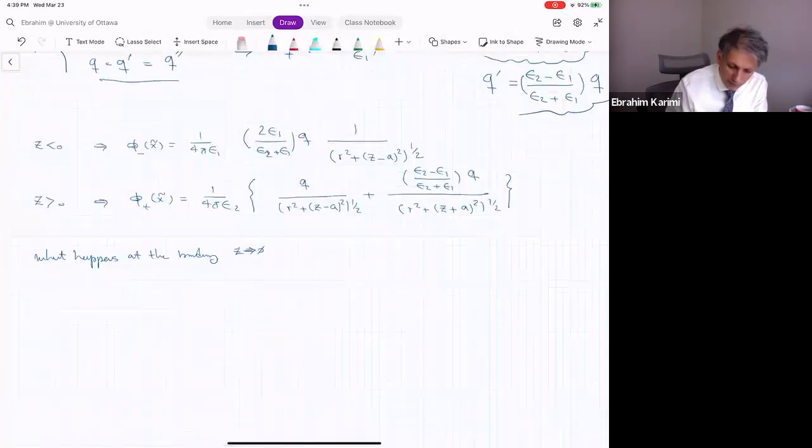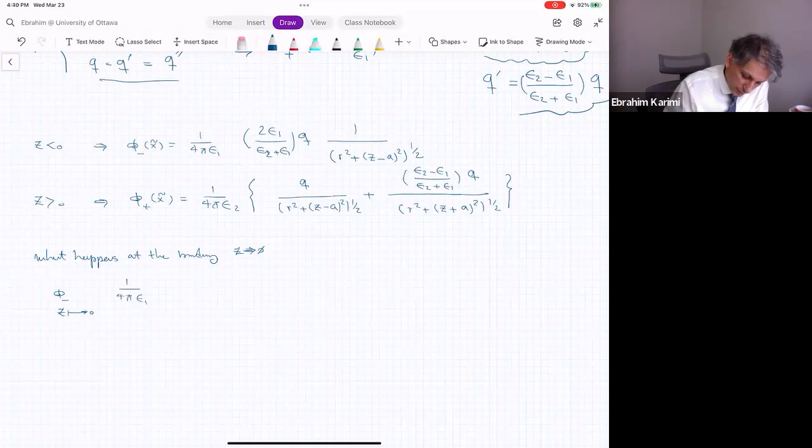So definitely the potential should be identical. You will see that if you take phi minus when z goes to 0, that should be 1 divided by 4 pi epsilon 1 times 2 epsilon 1 divided by epsilon 2 plus epsilon 1 q. Then that will be 1 divided by r squared plus a squared to the power of 1/2.